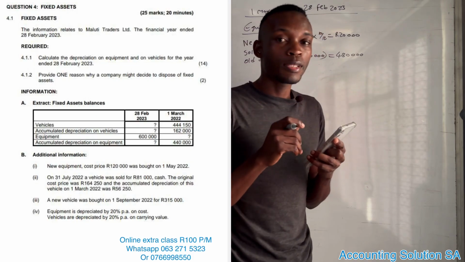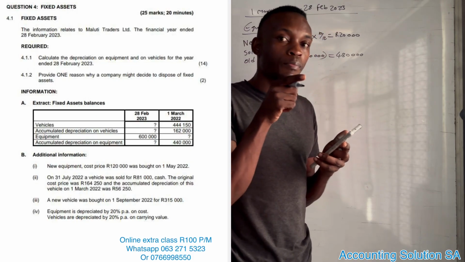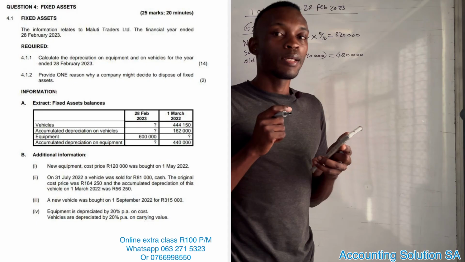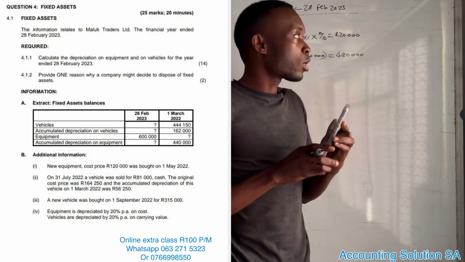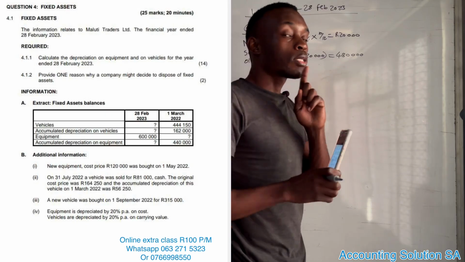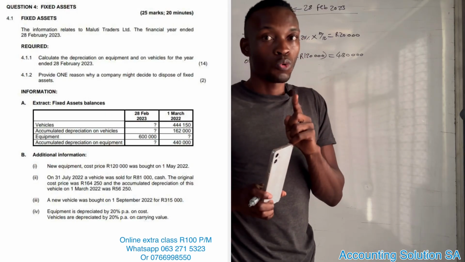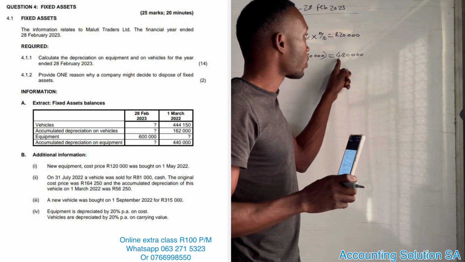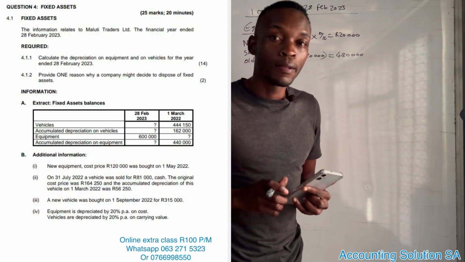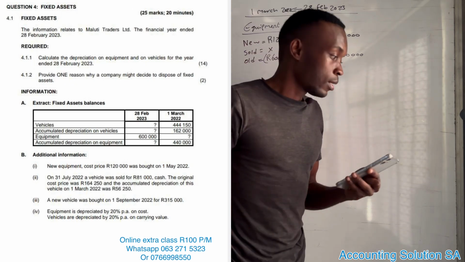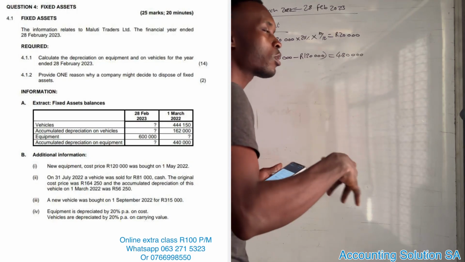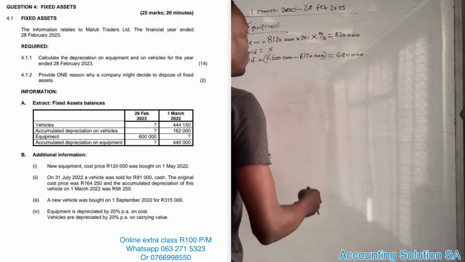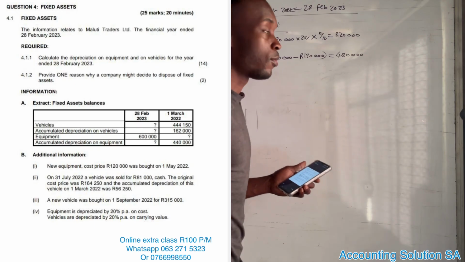When you calculate depreciation, guys, you must always check accumulated. If the accumulated is becoming closer to the cost price, just know that you are going to use the 1 rand rule. Why? Because the depreciation when you calculate is going to exceed the cost price. Okay, now the accumulated, guys, must not exceed the cost price, because you can't have a negative value.